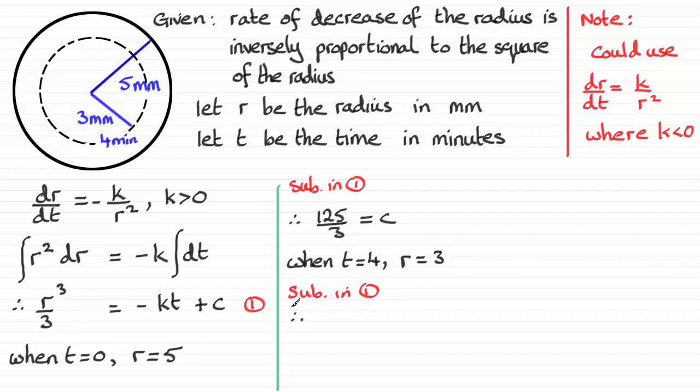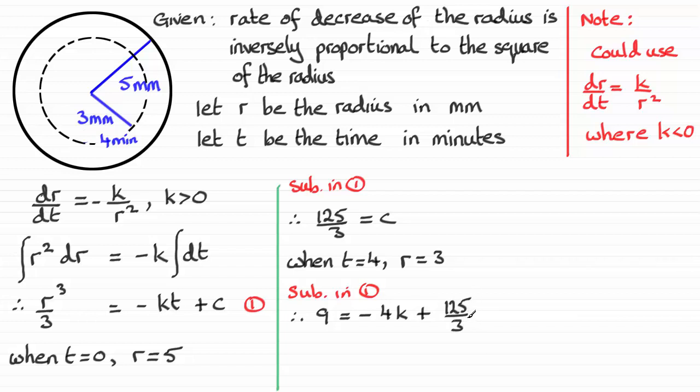Divide by 3, that's going to give me 9. And that's going to equal minus t, which is 4 times the k, so minus 4k. And we've got the constant c, which we've just found out was 125 over 3.